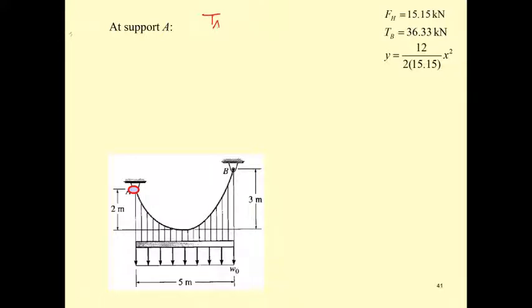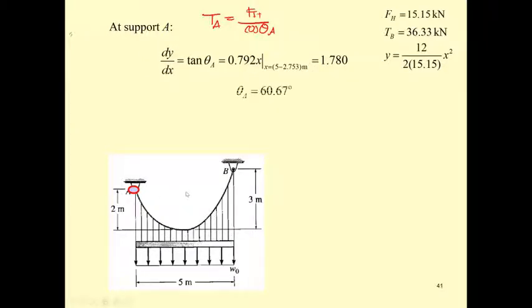And now for A, you may find T sub A. T sub A is going to be f sub h divided by cosine theta sub A. And A is the distance that's measured from this one to this one, so x at A is 5 minus 2.753.